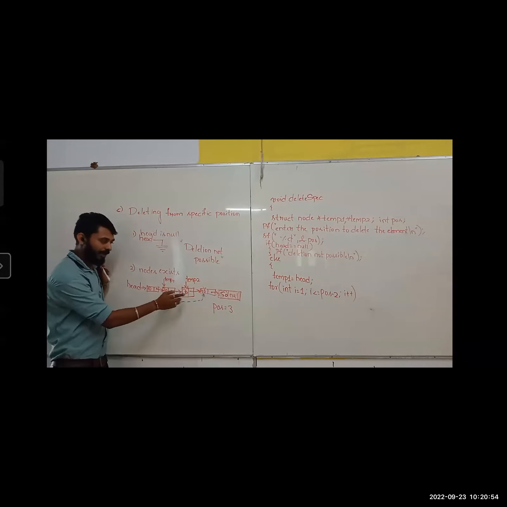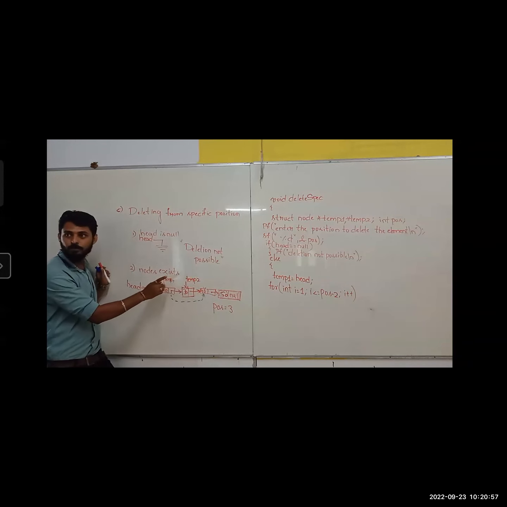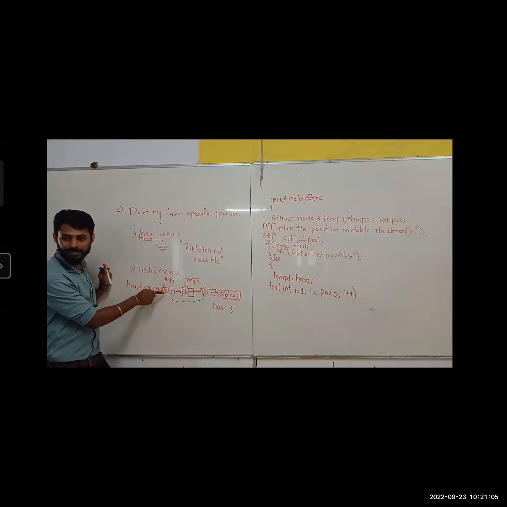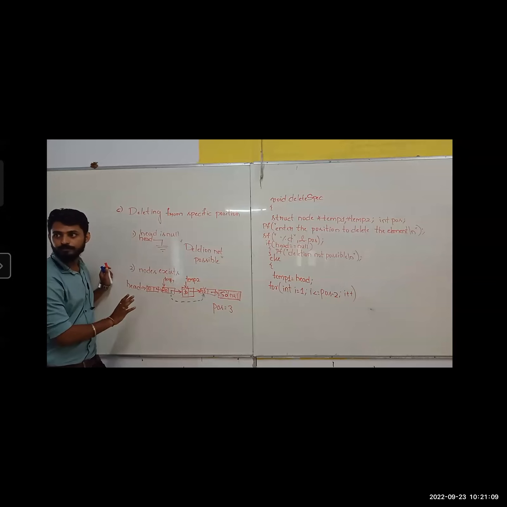If I want to delete third position, I want my temp1 to point to second position. If I want to point temp to second position, how many times I should move? How many links are coming in between? Only 1, means only 1 time you should move. Getting? If you want your temp to point to 100th location, how many times you should move? 99. If you want to point your temp to 50th position, then you should move 49.